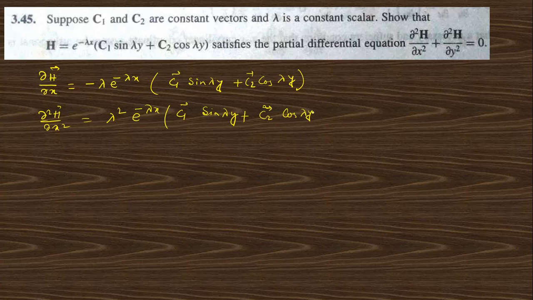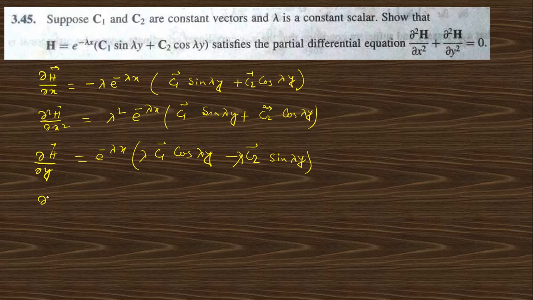Now the partial derivative of h with respect to y: this will become e to the power minus lambda x, and this is C1 vector, lambda cos lambda y, minus C2 vector, lambda sin lambda y.